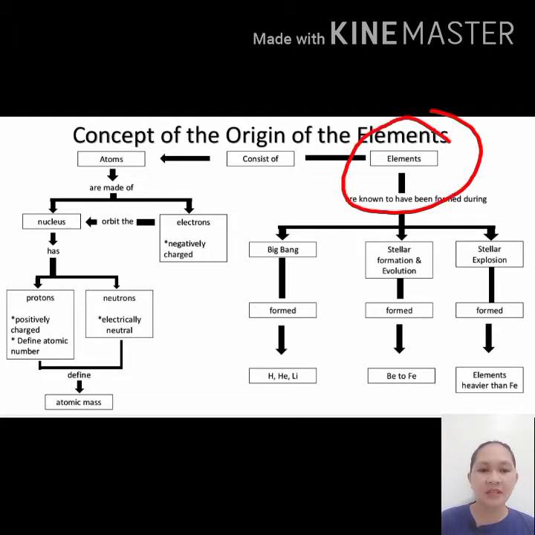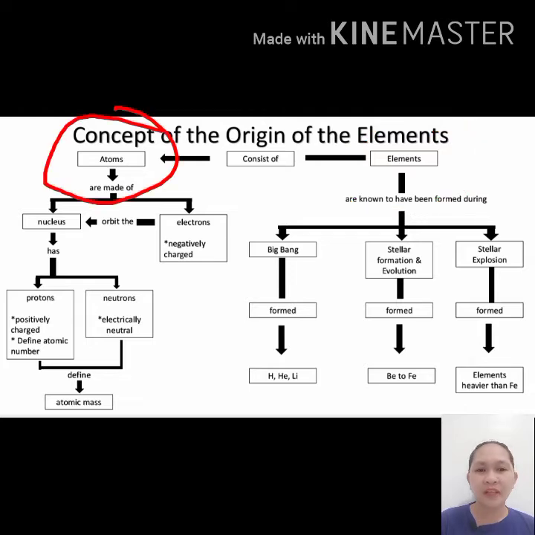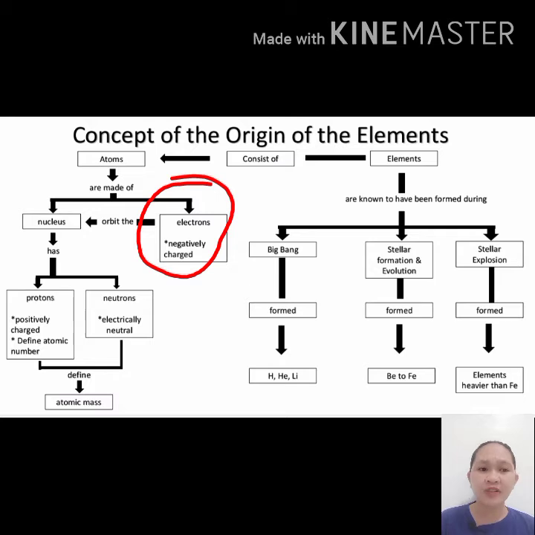Elements consist of atoms, and atoms are made up of a nucleus and electrons. Electrons are negatively charged, and these electrons orbit the nucleus. The nucleus has protons and neutrons. Protons are positively charged, and their number is defined as the atomic number.